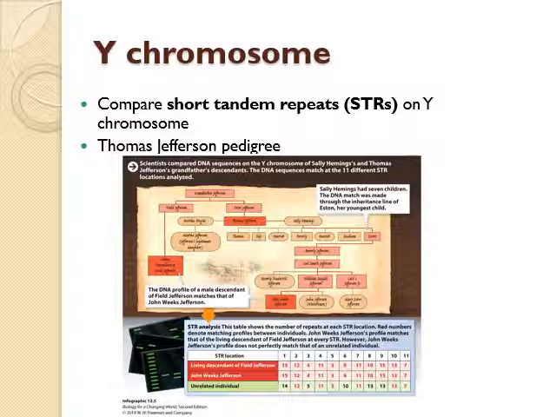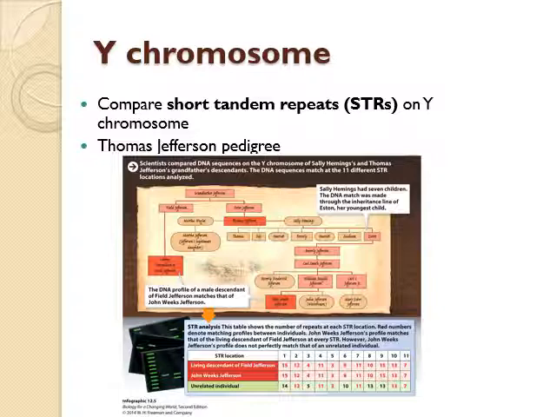So they did. They analyzed the Y chromosome of descendants from Sally Hemings' family, who was the slave, as well as the Jefferson family, and basically found out that, yeah, they had pretty much the same Y chromosome. The STRs on the Y chromosome were the same, which doesn't prove that it was Thomas Jefferson necessarily.